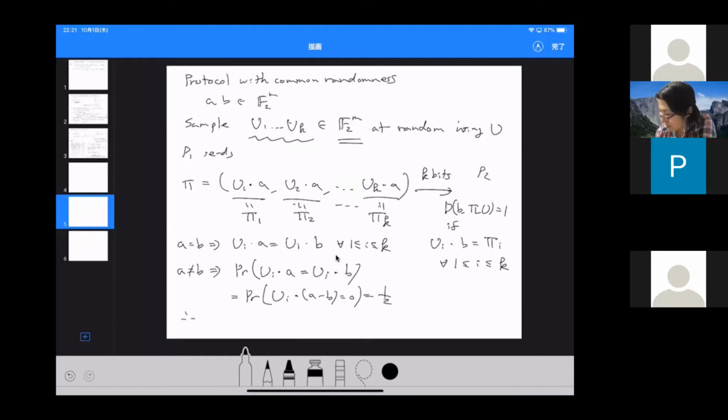We have k inner products, so the probability that P2 erroneously outputs the function value is bounded by 1 over 2 to the k. For instance, if we set k equal to log 1 over epsilon, the error probability is less than epsilon. So for fixed epsilon, the message length k is constant and does not depend on the domain size m.